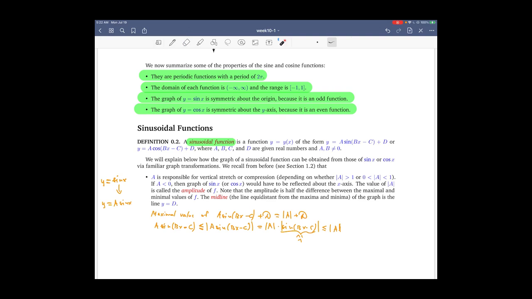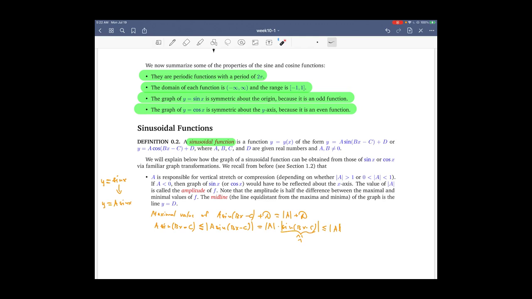All right, so how does that help me to explain what is the minimal value here? So the extreme values are either 1 or -1, and depending on whether a is positive or negative, the minimal value of this part will be either a or negative a, and in any case it will be negative absolute value of a.